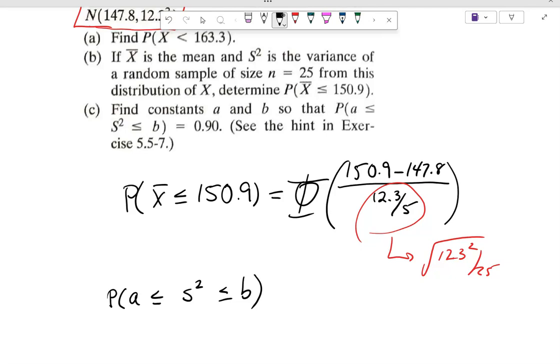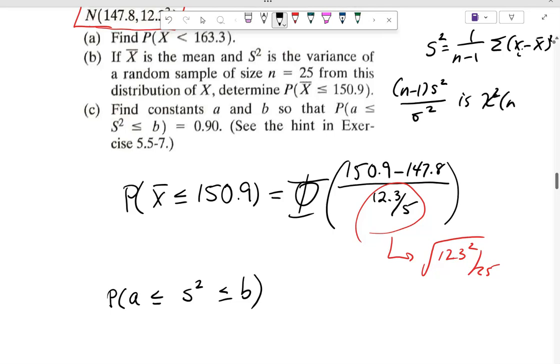So remember again, your s squared by definition is this, our definition of our sample variance. Sum of the deviations squared divided by n minus 1. And n minus 1 s squared over sigma squared is chi squared of n minus 1.